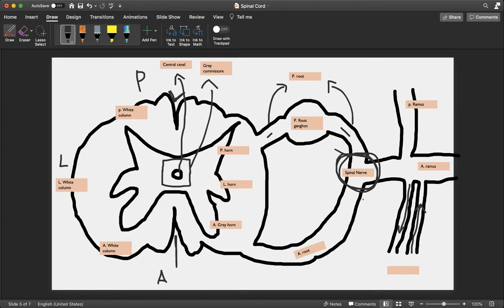These guys are called the rami communicantes. They are extensions. Rami is a plural because there's two of them. Communicantes, they are very, very important for communication.